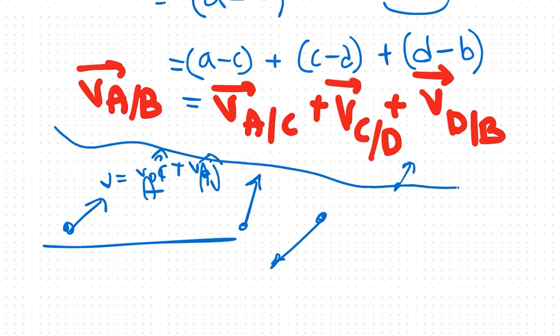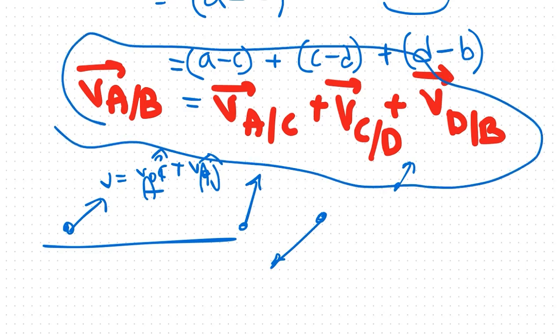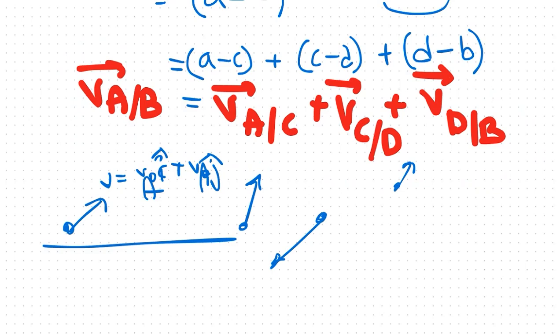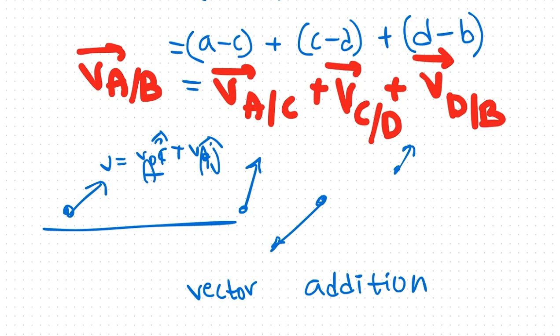It is basically vector addition. I'm not going into detail on how to do addition and subtraction of vectors because I have already taken the class, but if you want a session, just let me know. For now, I'm assuming concepts are clear regarding vectors.